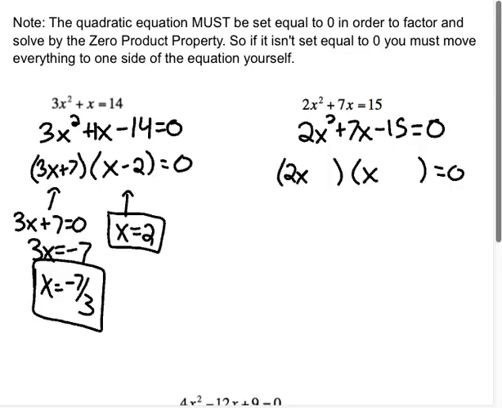So 3 and 5 or 1 and 15. All right, so here, if I put 5 here and a negative 3 here, I get negative 3x and 10x to get me that 7x, okay? So here's my proper factoring.